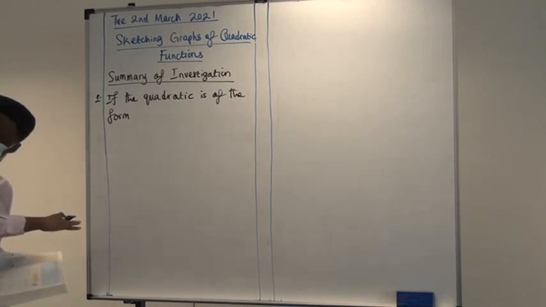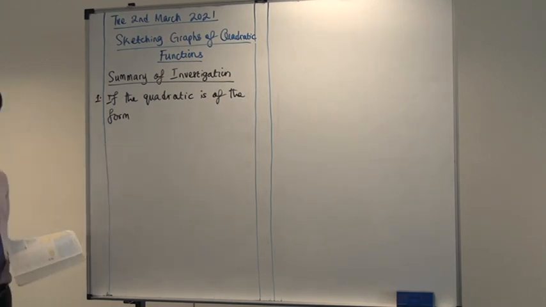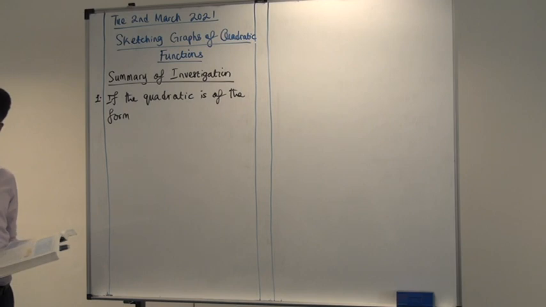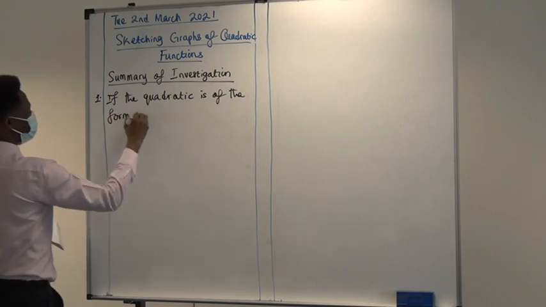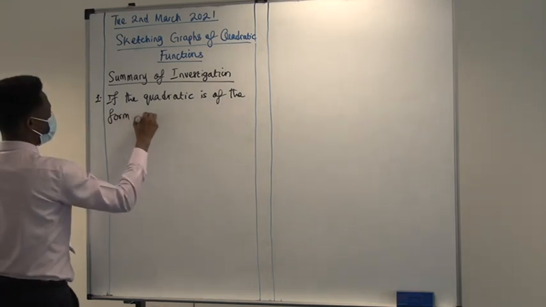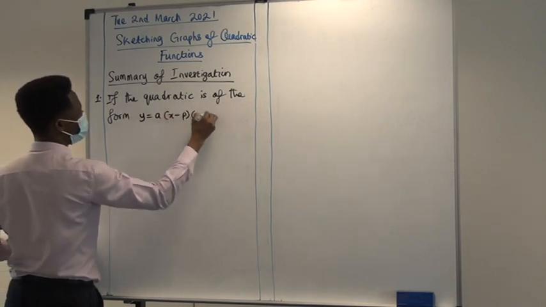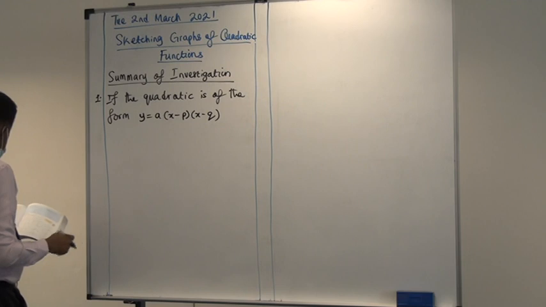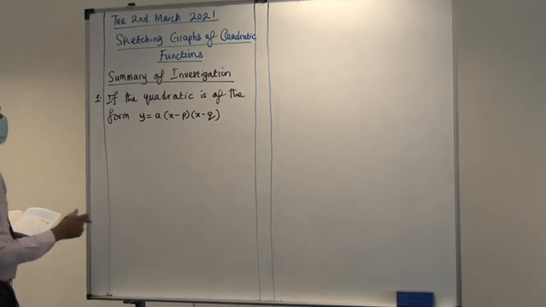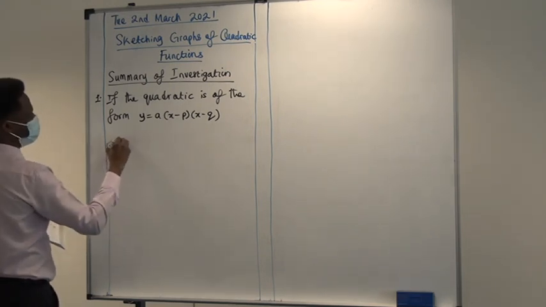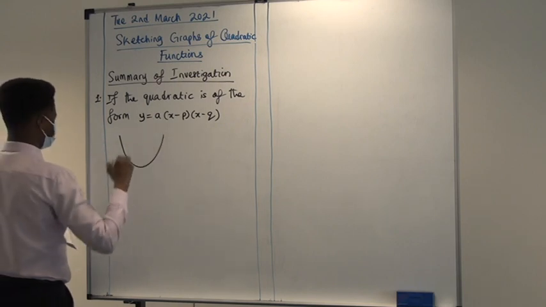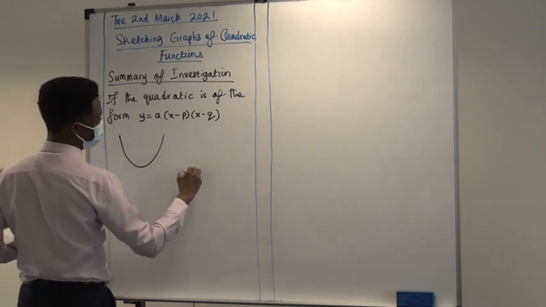The introduction we did before the investigation, we are not going to put it into use for sketching. Okay? If the quadratic is of the form y equals a into bracket x minus p, x minus q, your graph will either be in this form or your graph will be in this form.